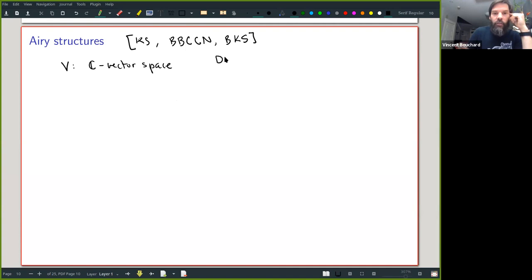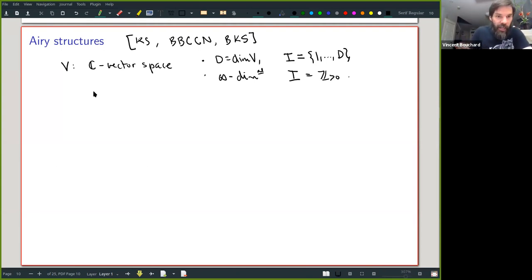Either it's finite dimensional, in which case I'll call D the dimension, and then I'll define an index set, which will be just 1 to D. But we also look at the case where V is countably infinite dimensional. In fact, all the cases we'll look at are in this case. So in this case, the index set will be just the positive integers.